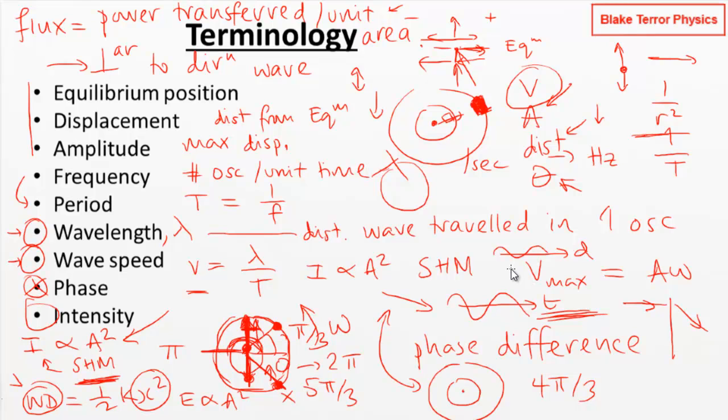So we need to think about all of these different diagrammatic and graphical representations of waves, because they can get a little bit confusing if we haven't picked all of those apart. So that's what I'm going to do in the next video. And then we can start thinking about some maths as well to go with all of this.